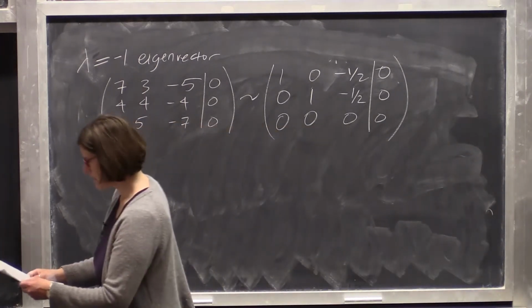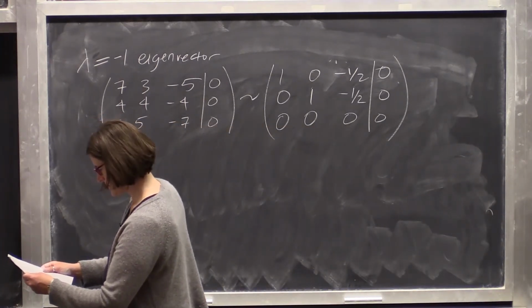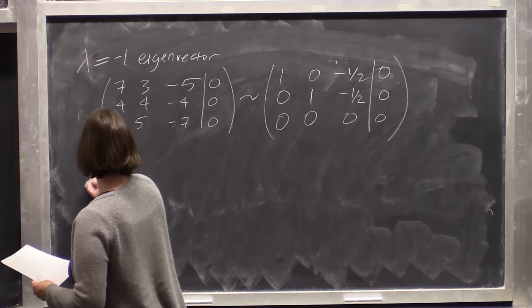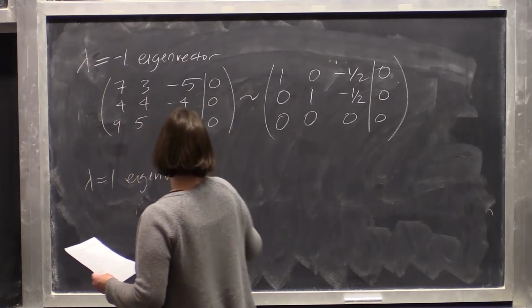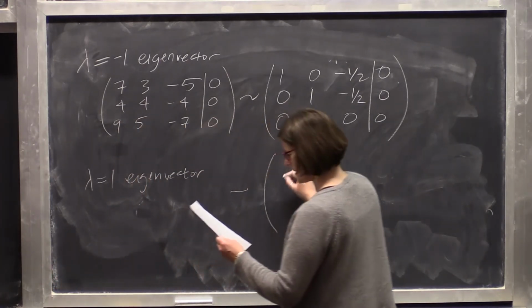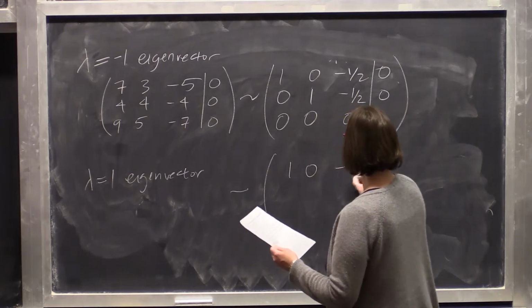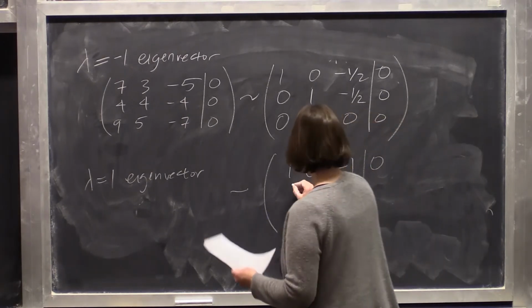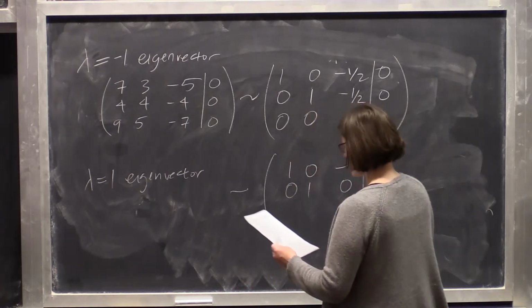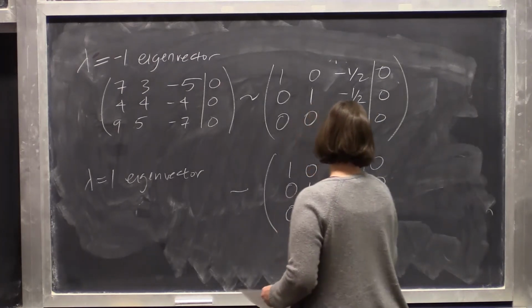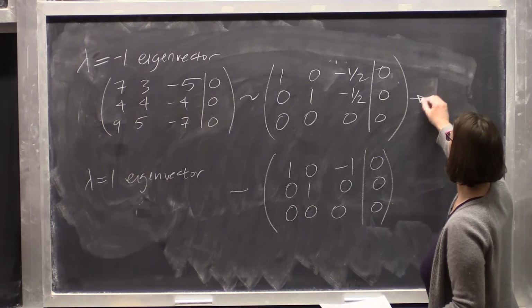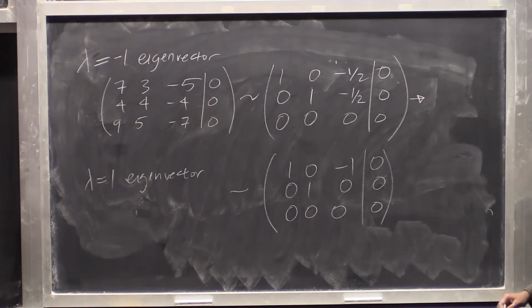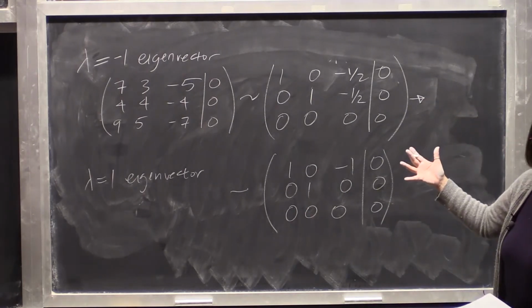And when I look for the lambda equals 1 eigenvector, I end up with 1, 0, minus 1, 0, 0, 1, 0, 0, 0, 0, 0, 0. So here, I'm going to get an eigenvector.